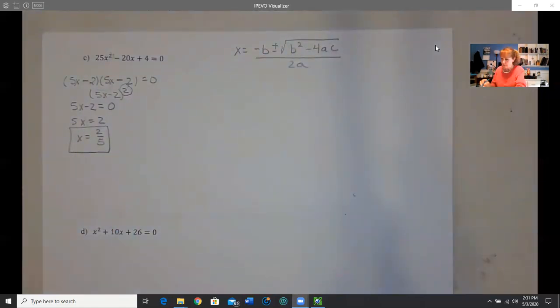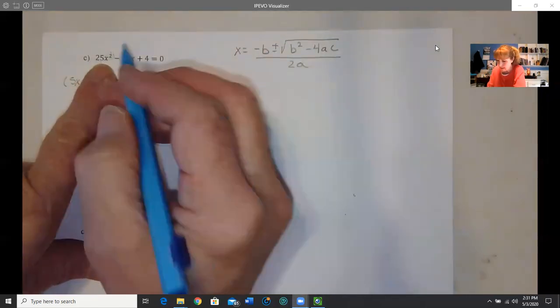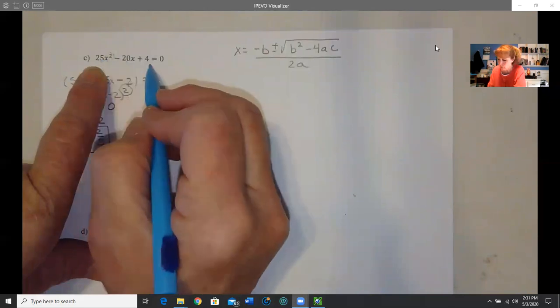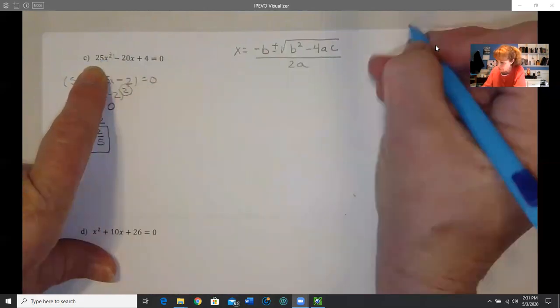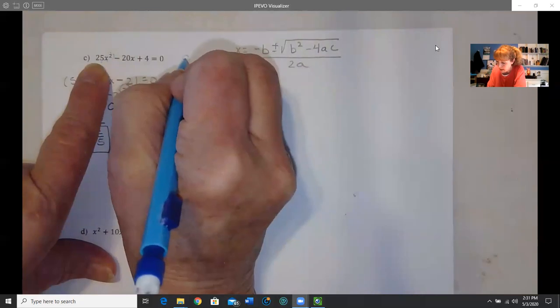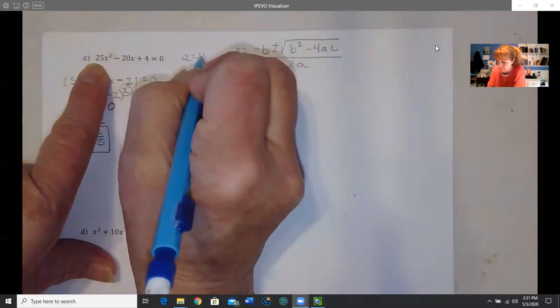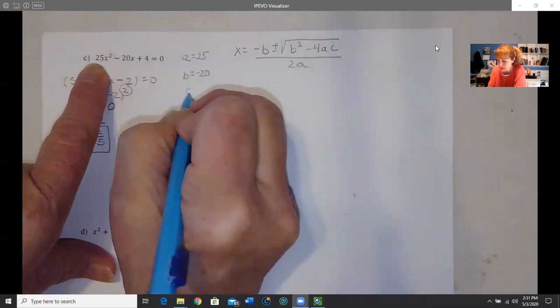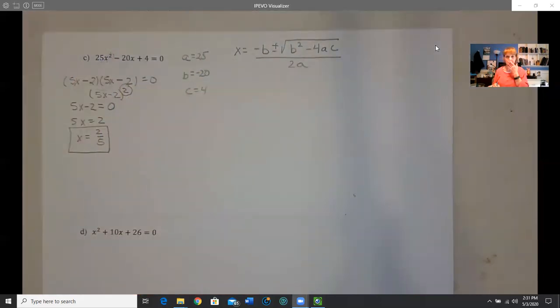All right, so now in this problem it cannot be reduced, because nothing goes into 25, 20, and 4. So I'm going to put over here, well, I can put it right here. A is 25, B is -20, and C is 4. Okay, and we're going to go ahead and go through that.